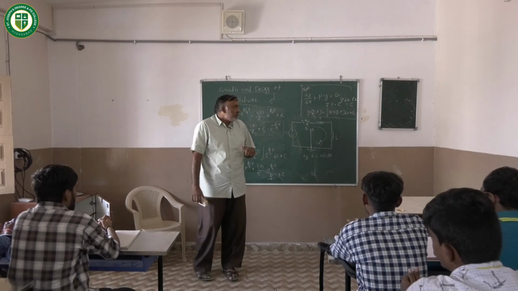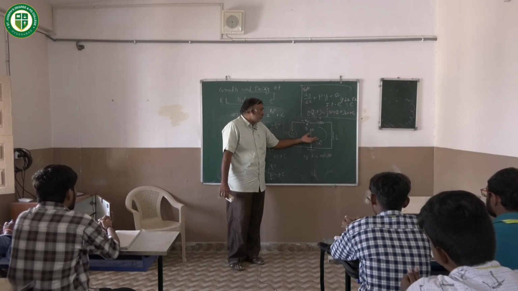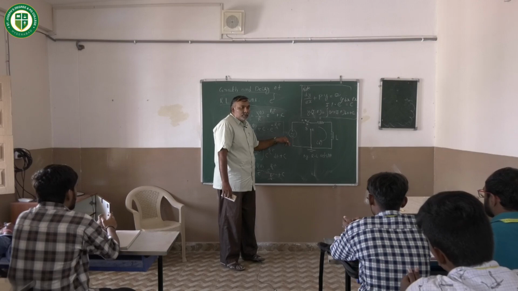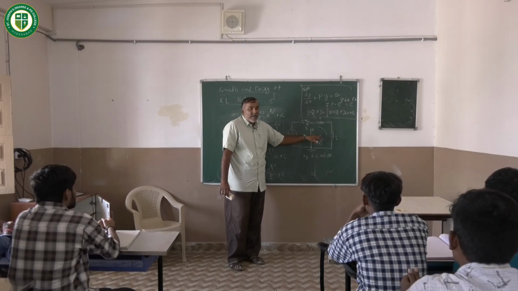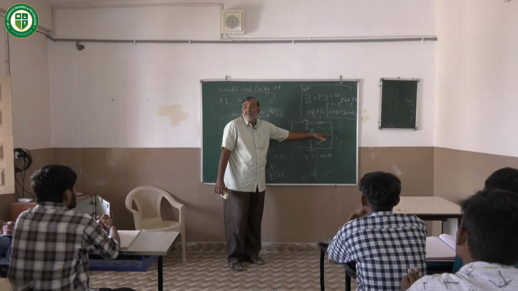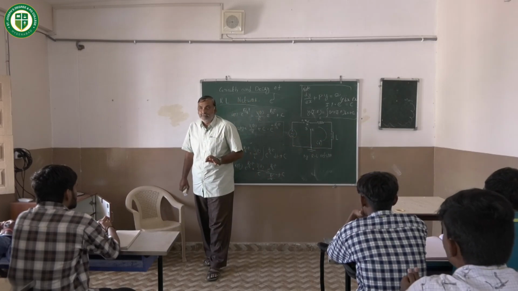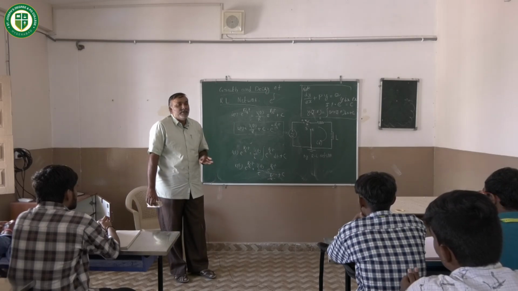Now, when I apply Kirchhoff's voltage law, the expression we get is Vi of t minus R into i of t minus L into di of t by dt. If I rearrange this expression, it takes the form of a first order differential equation.